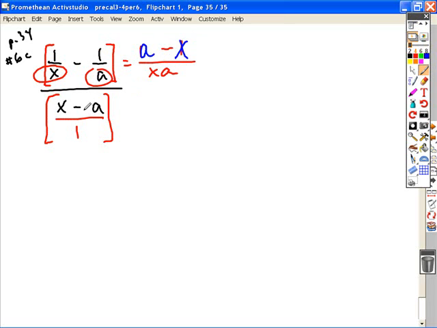The denominator is already simplified. And so all you need to do now is turn this into a multiplication problem. We invert and multiply. Here's the one source for the majority of mistakes on this type of problem: treating each of these terms as an individual part, and flipping it, like saying 1 over x minus 1 over a. That's what a lot of students will make that mistake.